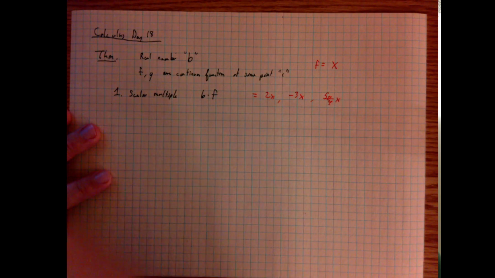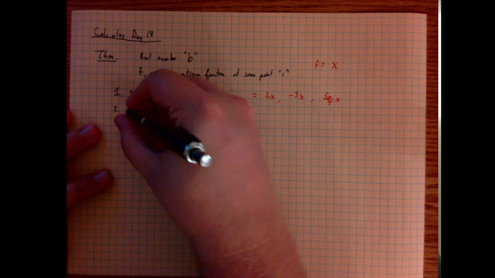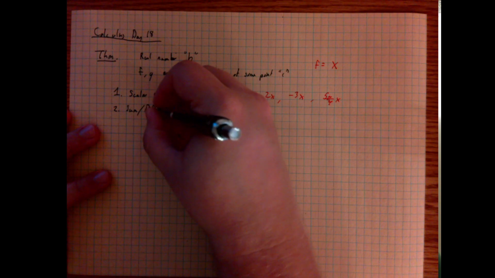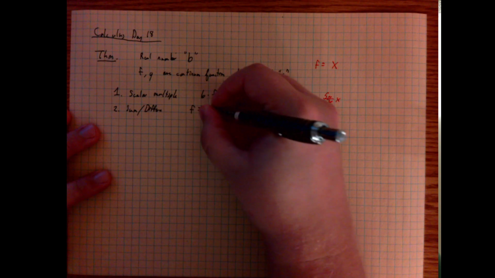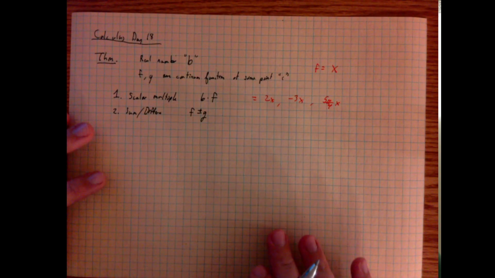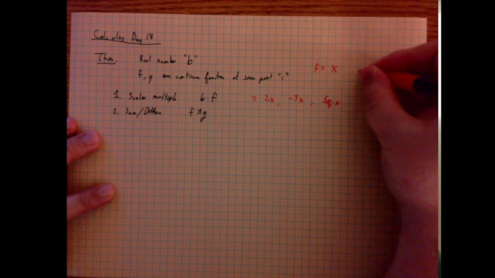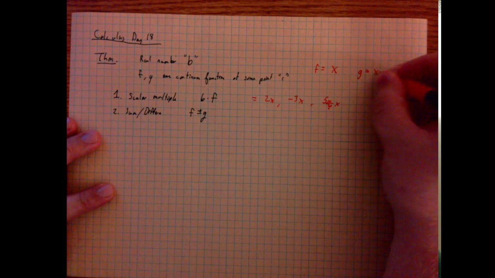The second condition is that if you have two of these that are continuous, this is referred to as a sum or difference. If we know both f and g are continuous, then if you add or subtract them, they maintain continuity. Let's assume we have that second function, g. We talked last time about how quadratics are continuous, so we could say that g is x squared.